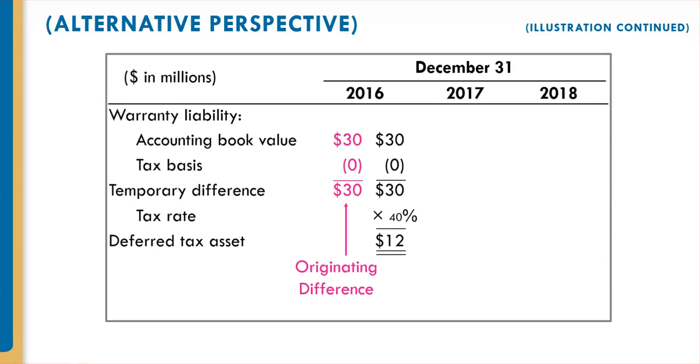The warranty liability, then, as we could look at receivables for installment sales, we can look at liabilities, and we could say that initially you have a liability and that the liability is expected to go away in 2017 and 2018.